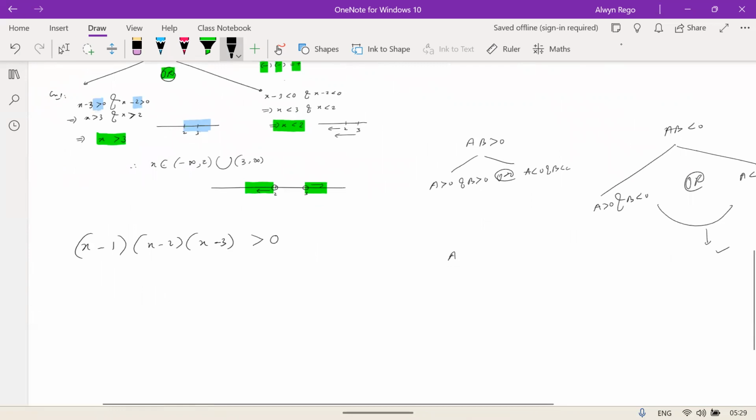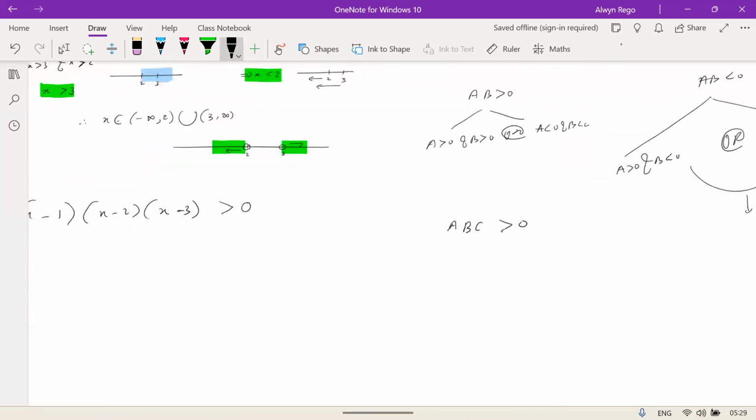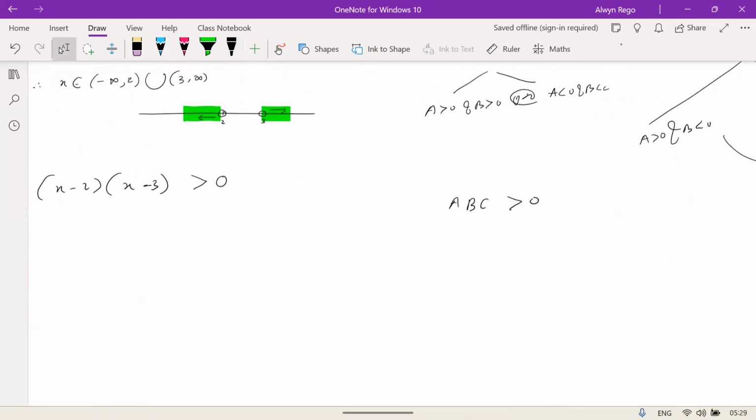When it comes to a times b times c is more than 0, things may not be easy. There are lots of cases here which will lead to positivity. You can have the first factor positive, times positive, will give you positive. But that's not the only way to get a positive. You may have a positive as the first one, negative and negative, that also gives you positive.